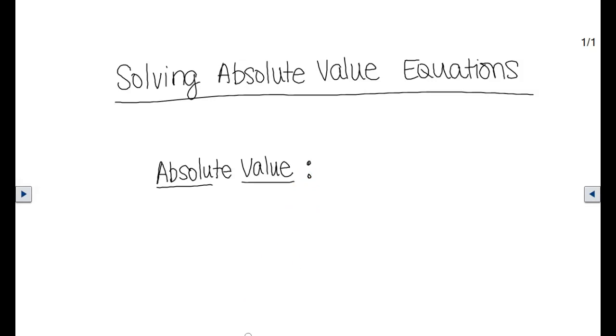When we talk about absolute value, I want you to think of it as a distance. Absolute value means distance from 0 on a number line.